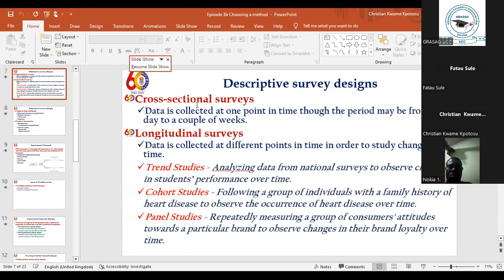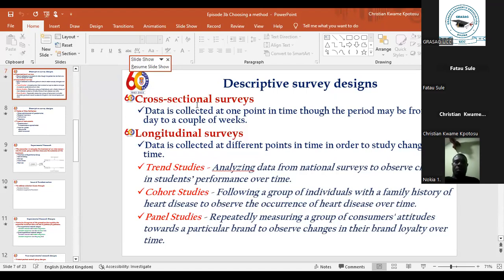In most cases, people want to distinguish between the quasi and the true experimental with the issue of randomization, where they sometimes say that for quasi-experimental, there is no issue about random selection, but there is always random assignment. Random selection is the process you go through to select your study participants. And random assignment is the process you go through to decide which of the participants go into a control group or an experimental group.